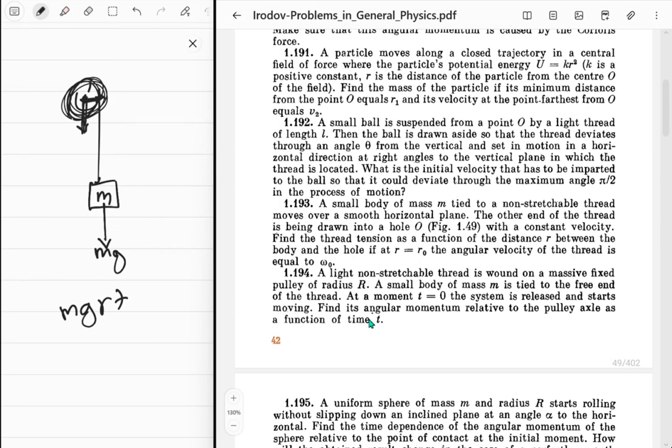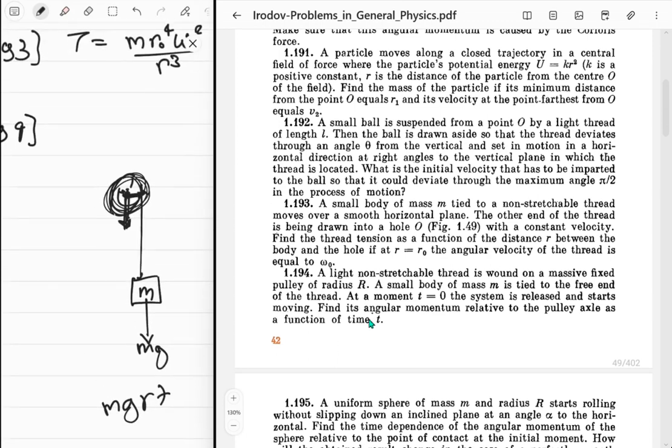And this also doesn't do anything because it's right at the axis point, and that just means no torque. If this guy's center of mass was off the center, then this would make sense. But right now, it's just not there. Okay, understandable. Right, so then that's it. Our angular momentum is just mgrt, magnitude wise.